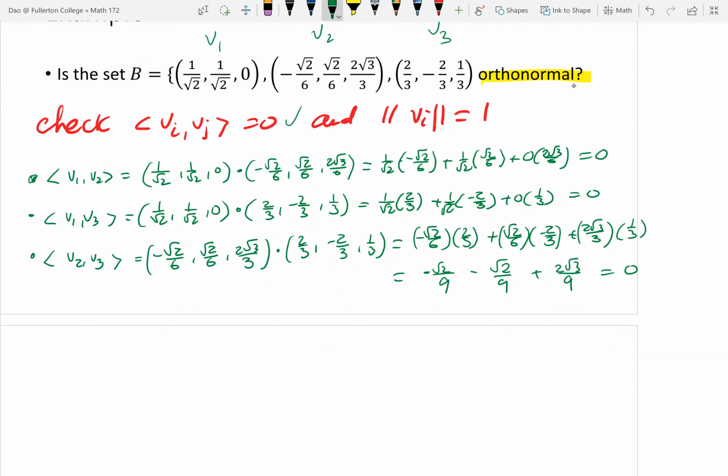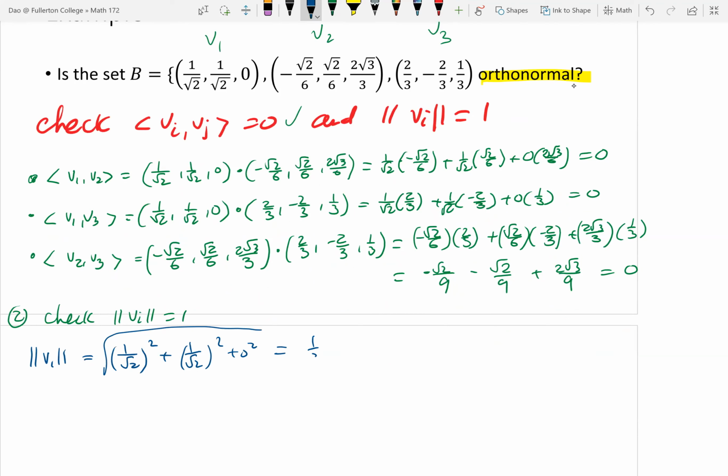All right, number 2, you're going to check that the magnitude of vi equals 1. So check the magnitude of v1, which is 1/rad 2 squared plus 1/rad 2 squared plus 0 squared. So this is 1/2 plus 1/2, so that would be 1.